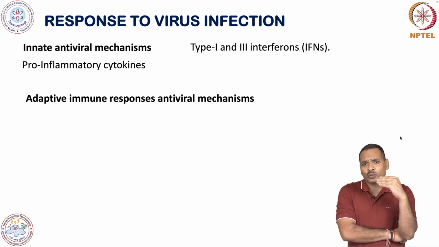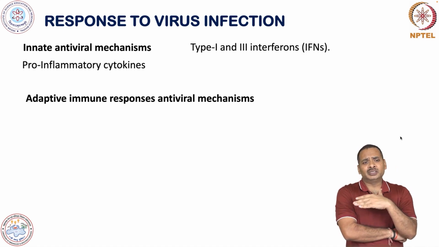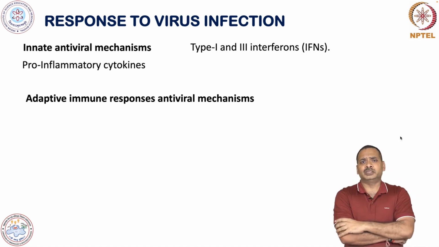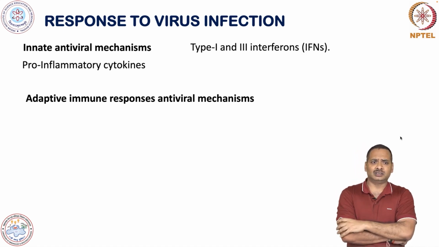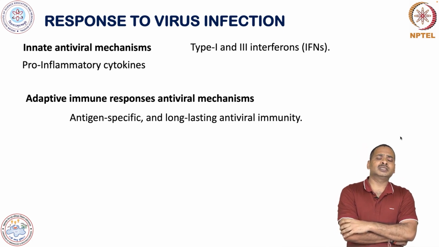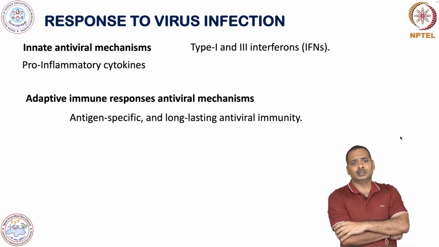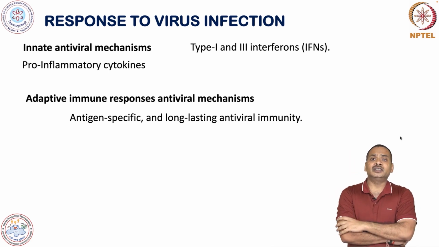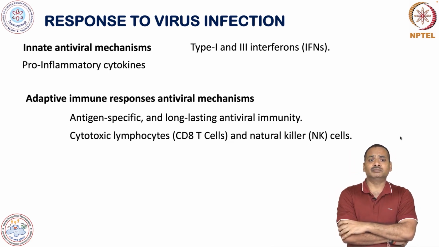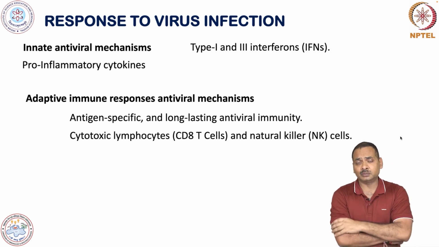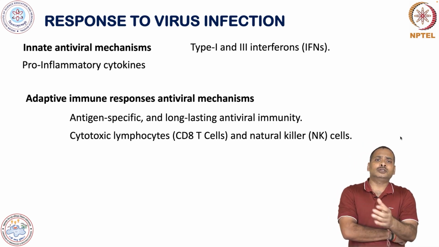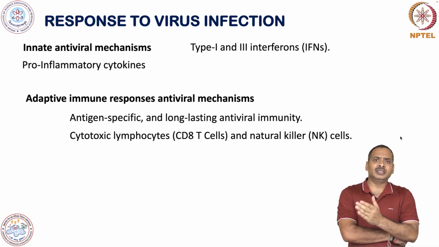Of course, when the virus is not cleared by innate immunity, that will trigger adaptive immunity. We have discussed this earlier, and this is basically the generation of antigen-specific, long-lasting antiviral immunity, which is mainly mediated by cytotoxic T cells, which are CD8 T cells.